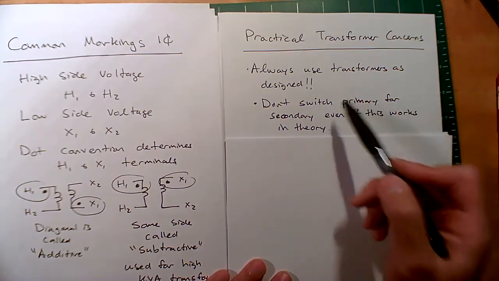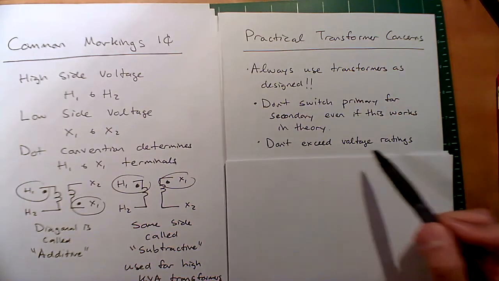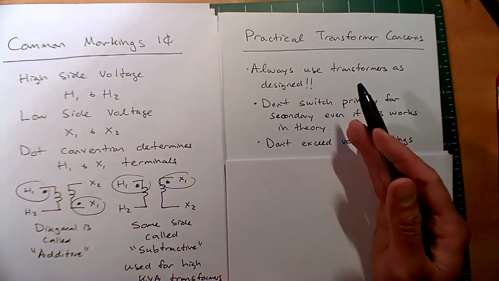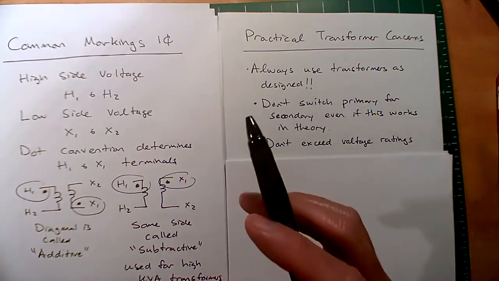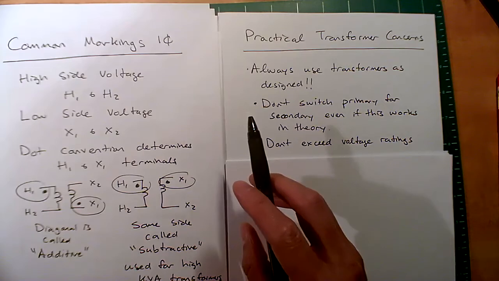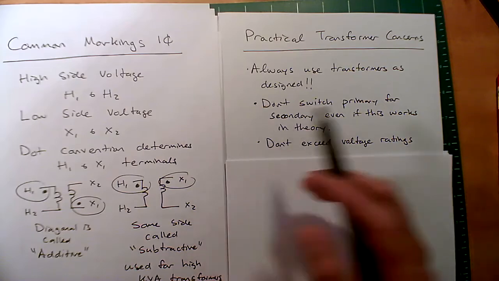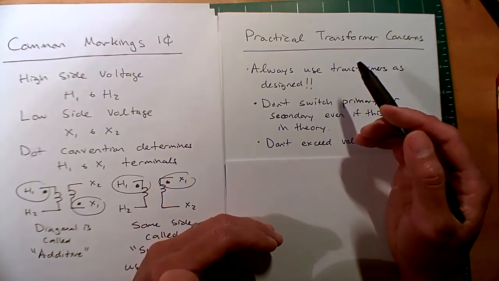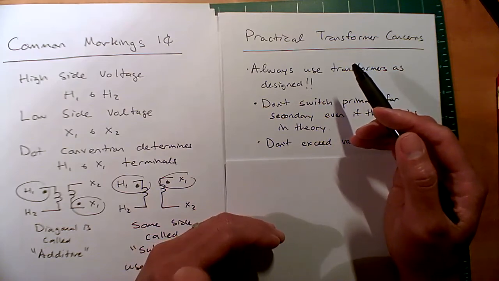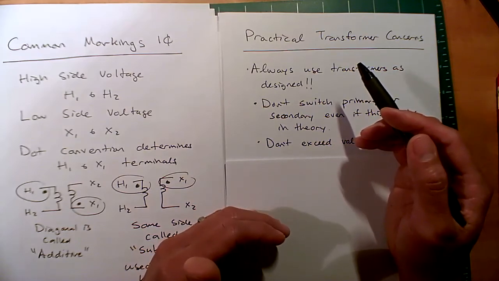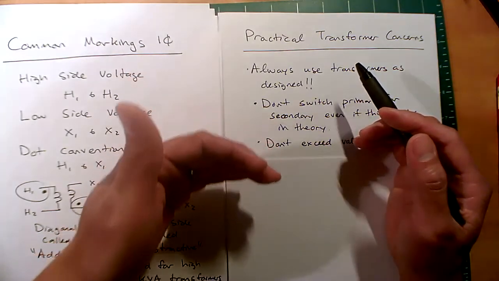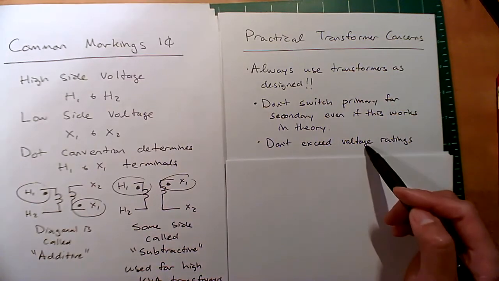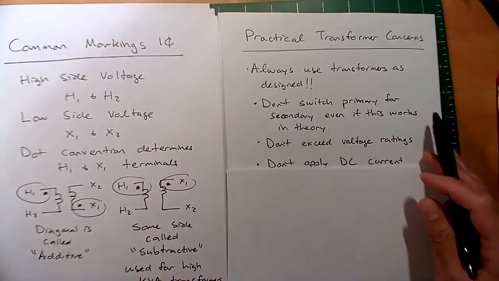Don't exceed the voltage ratings, right? If you have a 10-to-1, you also have to know the maximum input primary voltage. Just because you have 100 volts going 10-to-1 to 1,000 volts might be okay, but if you double the voltage on the input, which doubles the voltage on the output, you might destroy some insulation. So don't exceed the voltage ratings.